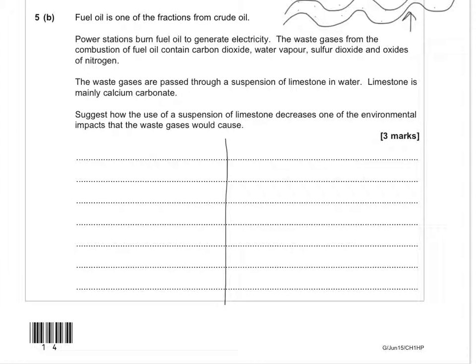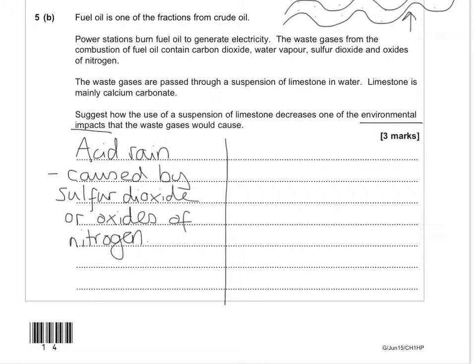The first environmental impact is acid rain. Now acid rain is caused by sulfur dioxide or oxides of nitrogen, and the limestone or the calcium carbonate can help with that because it can neutralise it.